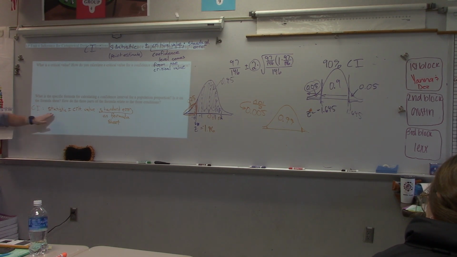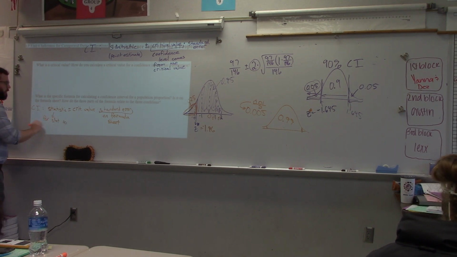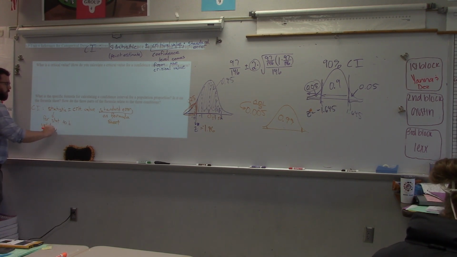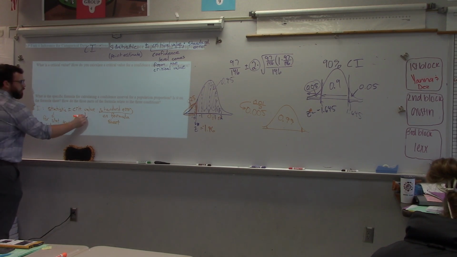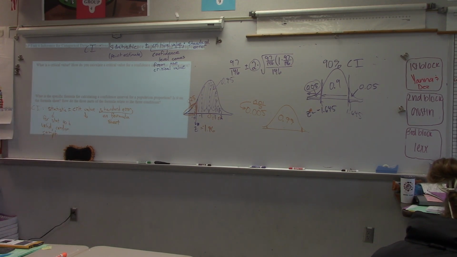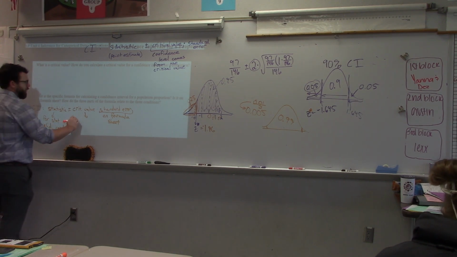Now, I do want you to notice that this formula tells you the conditions you have to check. In order for our statistic to be valid, what kind of sample do we have to have? Random. For my statistic to be valid, we have to have a random sample. What type of distribution do we have to use a critical value? Normal. Has to be approximately normal, so that's which condition?